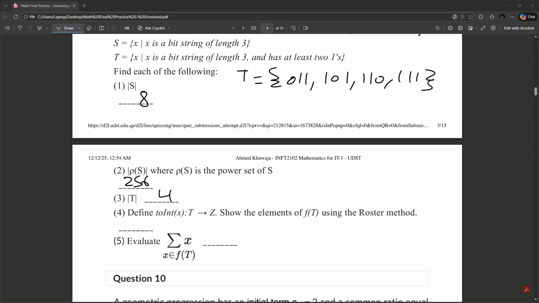Basically, put all of the elements inside T, convert them into integers, and then put that inside a set. So this is 3, this is 5, this is 6, and this is 7, right? So it's literally just that, and then you put it into a set right here. So 3, 5, 6, 7.